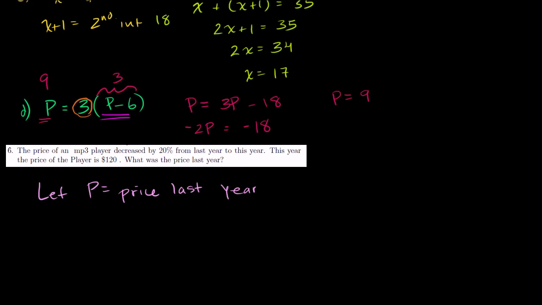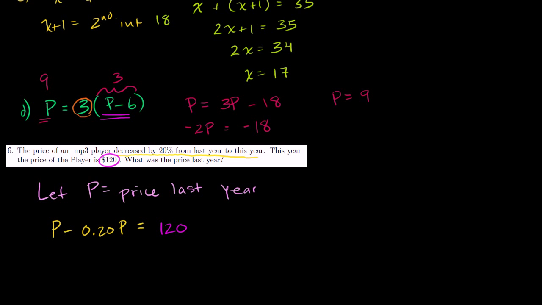And they're telling us that the price of an MP3 player decreased by 20% from last year to this year. So let's take 20% away from this. So price minus 20% of the price, this is decreasing by 20%, is equal to the price this year, which they're telling us is $120.